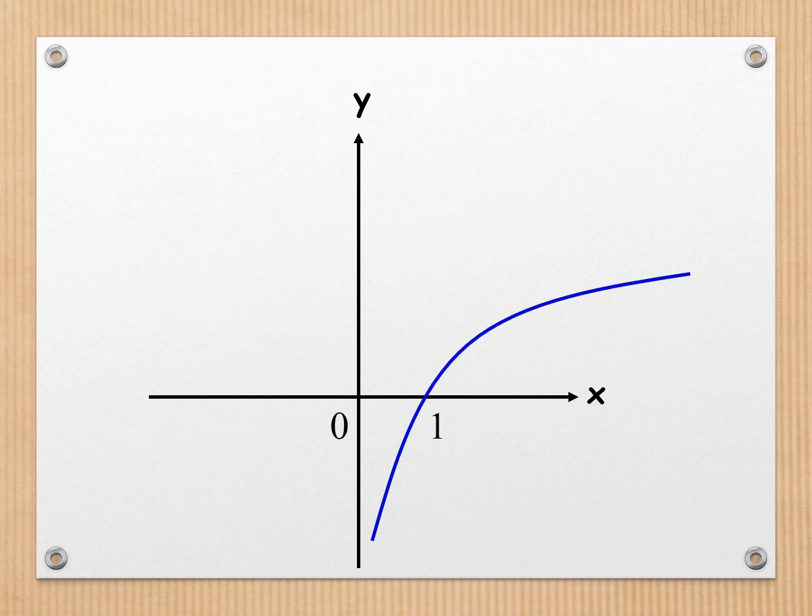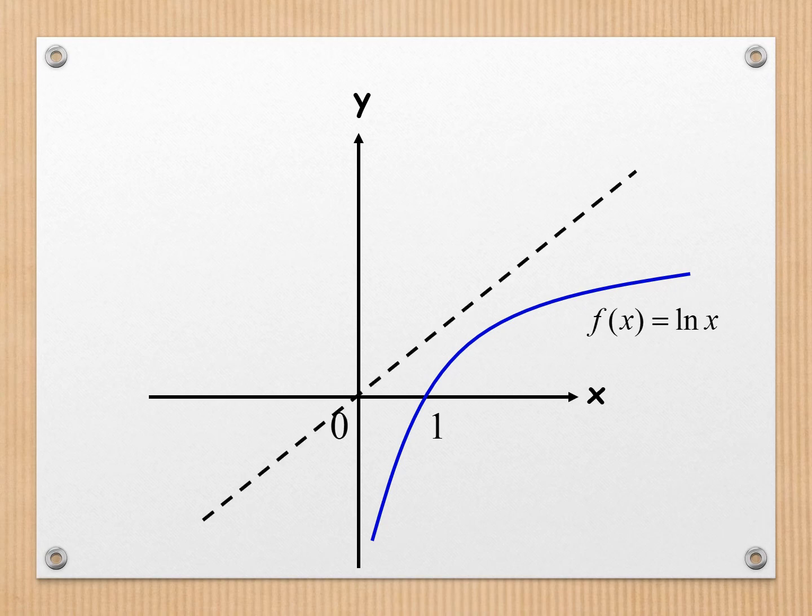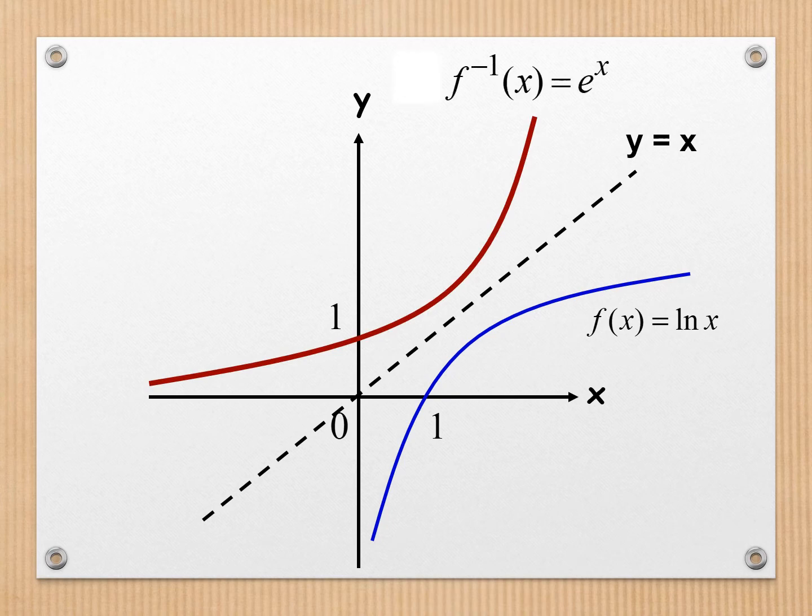Then we draw a reflection line y equals x, and then we reflect to get f inverse. Since f(x) has x-intercept 1, for f inverse it becomes y-intercept y equals 1. So then the graph is reflecting the graph of f(x), and it becomes like this. This is the f inverse equals e power x graph.